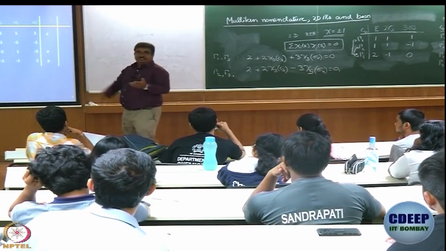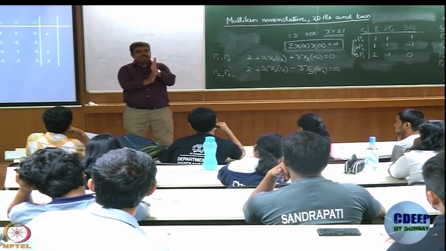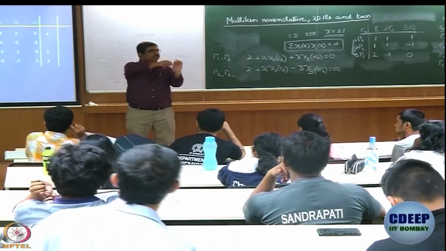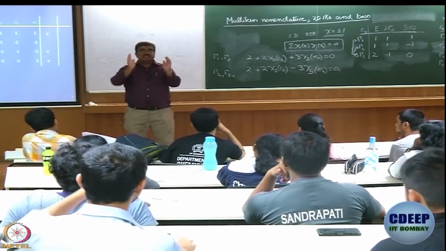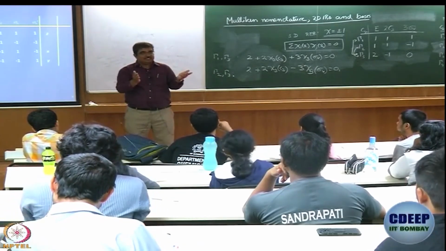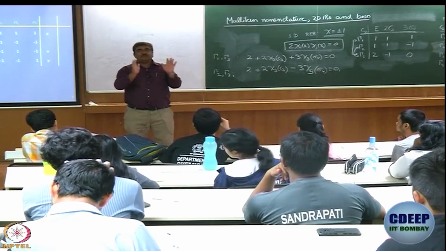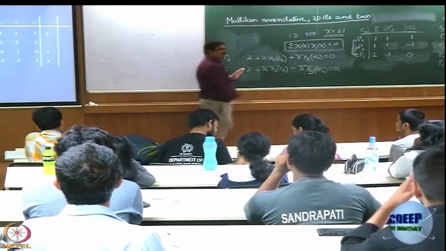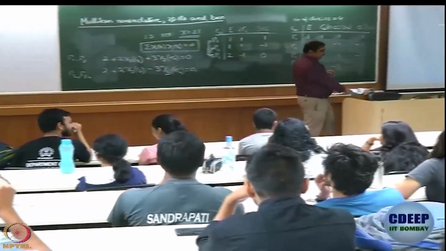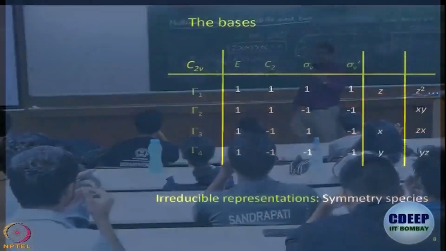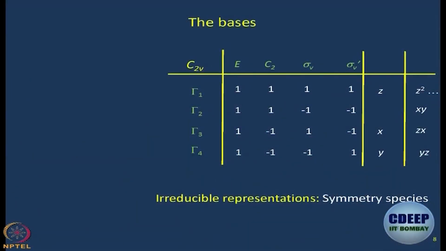What about sigma v? Sigma v operating on z, basically you take z into z and then make the symmetry operation operate on the constituents. Sigma v operating on z is z, sigma v operating on the second z is also z, right. So, character is 1 once again. Same is true for sigma v square dash. So, z square belongs to the first representation, totally symmetric. What about x square? E of course is 1.